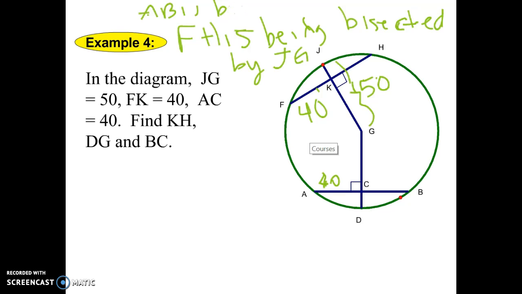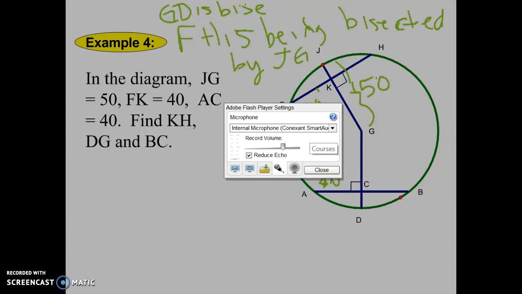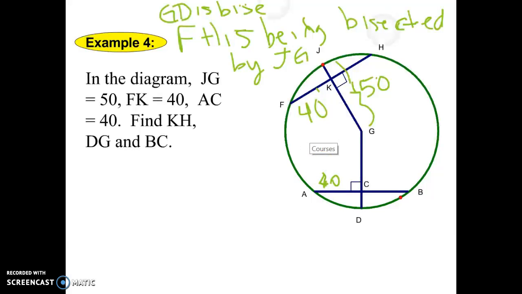Let me rewrite this. There we go. Let's write it this way: GD is bisecting AB.